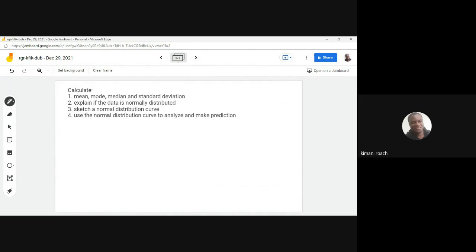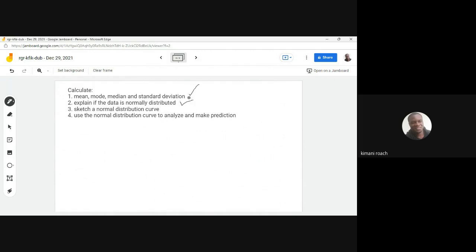We want to calculate the mean, the mode, the median, and the standard deviation of the data set that we have. We also want to determine if the data is normally distributed and why.